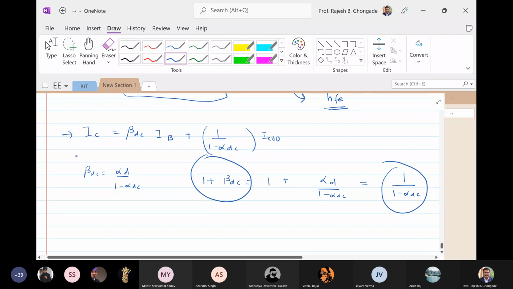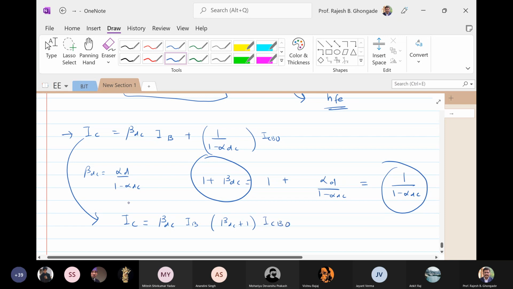So now I can write it completely in terms of beta DC as IC equal to beta DC into IB plus 1 plus beta DC into ICBO.